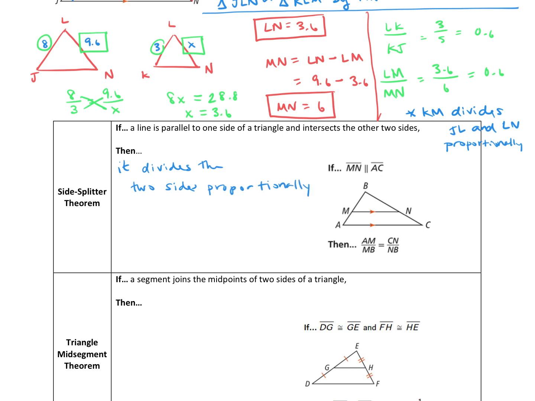So anytime you have a triangle with a line that's parallel to one of your sides, we're splitting the sides. It's the side splitter theorem. So now we have segment AM and segment MB, and segment CN and segment ND. And so we can set up a proportion. This parallel line did split our sides proportionally.